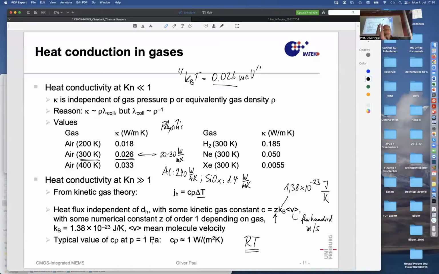And I know the transfer of heat between this cold nanowall and this warm nanowall 10 nanometers apart is going to be 100,000 watt per square meter per Kelvin of temperature difference. But if the walls are far apart, 1 centimeter apart, then I cannot just go from 1 Pascal to 100,000 Pascal, because at some point the collision length is going to be smaller than that distance, and then I'm no longer in that regime.